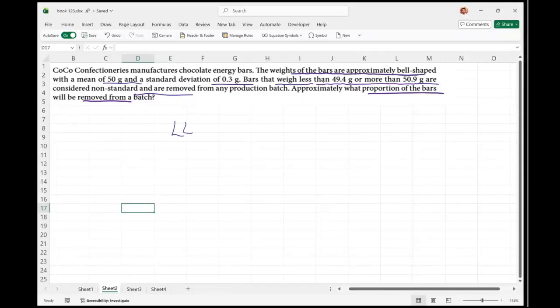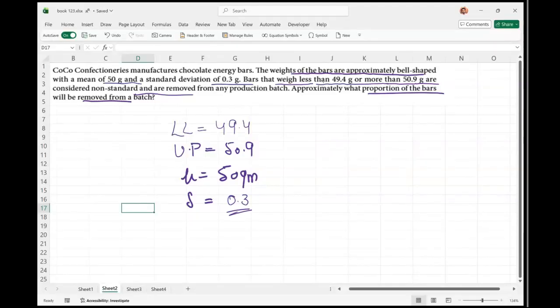So the lower limit is given as 49.4, the upper limit is given as 50.9, the mean value given is 50 grams, and the standard deviation given is 0.3. All right, so let's start doing this one.